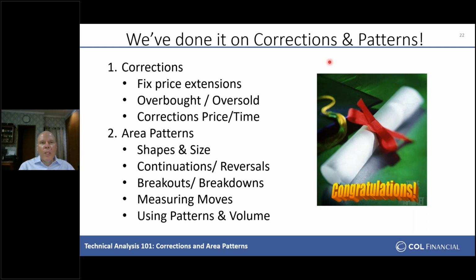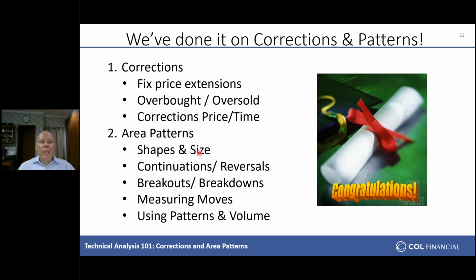So in an overbought condition, corrections will allow the price to either go down or go sideways. In a decline, a correction will allow the price to either rally upwards to the resistance or go sideways also. Now, a sideways type of correction is known as an area pattern. And an area pattern will ask us to look at a few things.